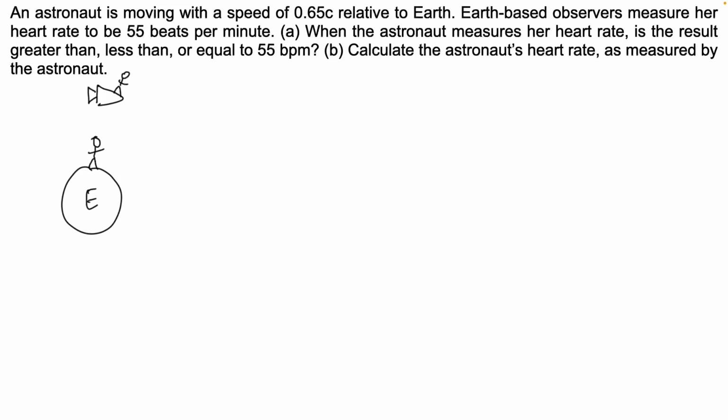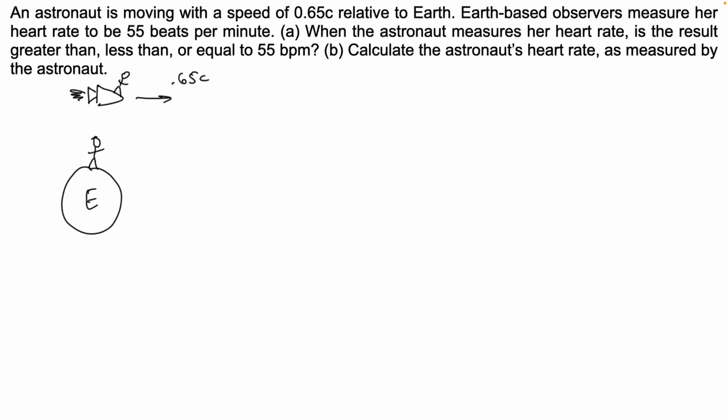Okay, person on Earth, person on a rocket ship. So we've got the astronaut and the Earth-based observers. They're measuring something. We'll get to all of that in a second. But if the Earth says the astronaut is going 0.65 c, is there another way we could draw the problem? Whose point of view is in this problem right now?